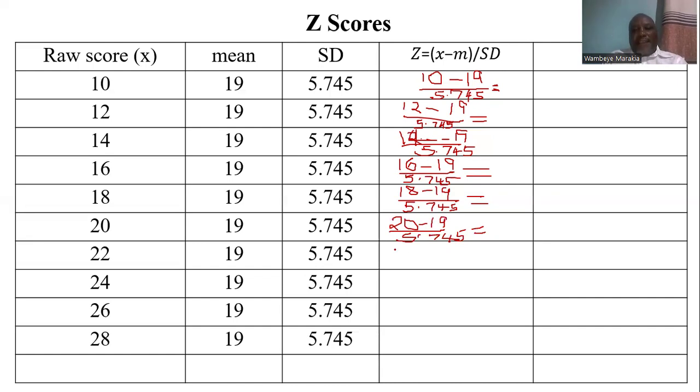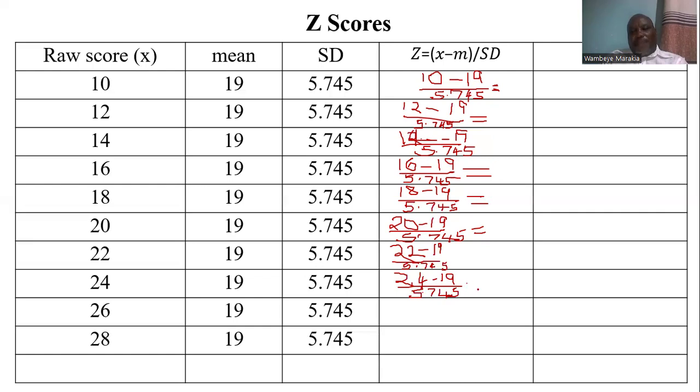Then here we have 22 minus 19 all over 5.745. We have also here 24 minus 19 all over 5.745.